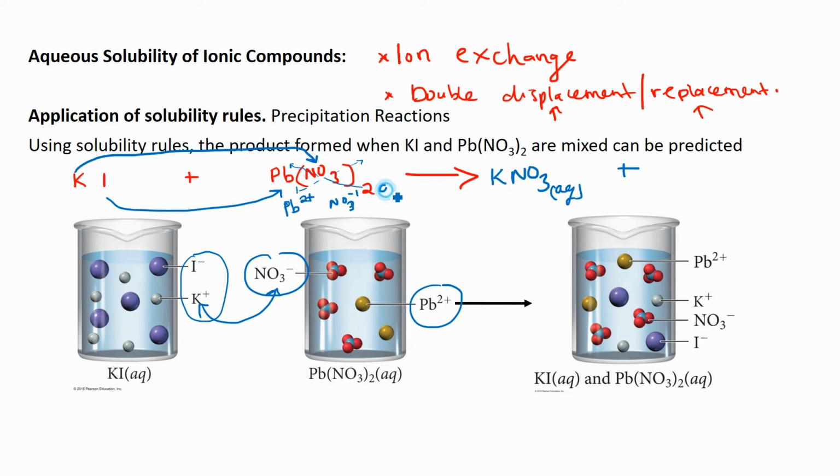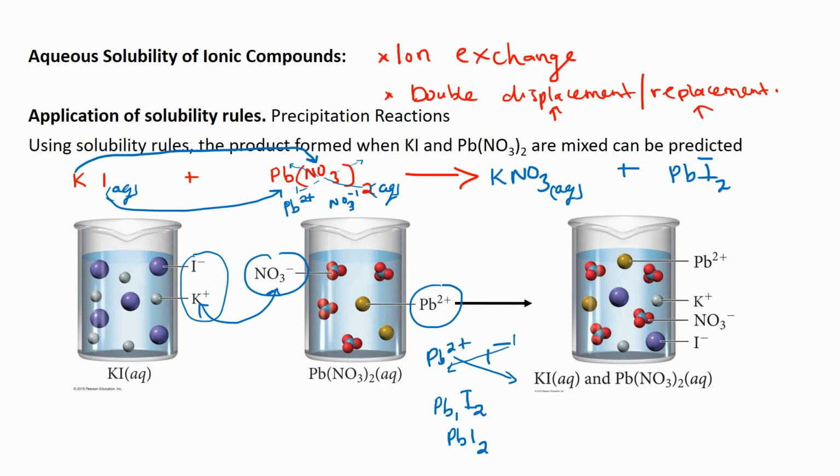All salts of potassium are soluble, give it aqueous. And then lead is Pb2 plus, right? When it combines with I minus, the iodide, the 2 drops down just below iodide and the 1 drops down just below lead. So you're gonna get this formula. We usually don't show the 1, so that's the formula for lead iodide, PbI2.